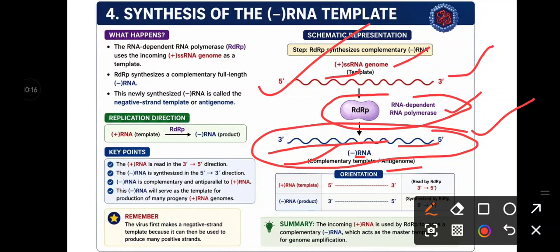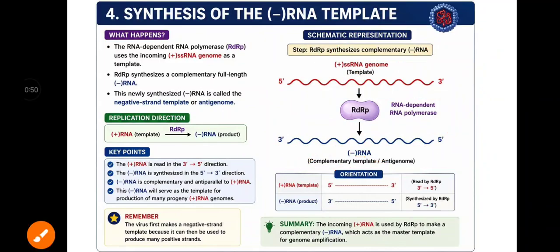See, from positive sense RNA, with the help of RNA-dependent RNA polymerase, we have synthesized this negative strand RNA, but it is of no use because our genome is positive sense RNA. So we want positive sense RNA in more number. Okay, so now our RNA dependent RNA polymerase uses this antigenome for synthesis of positive sense RNA genome.